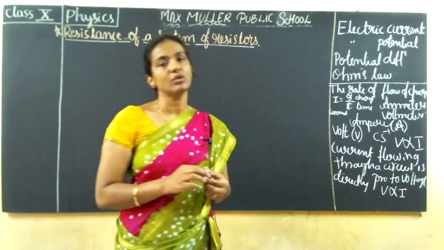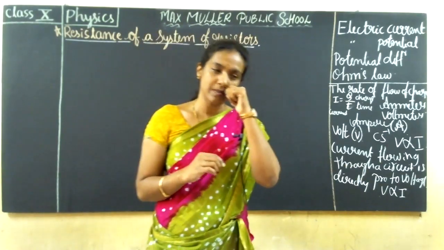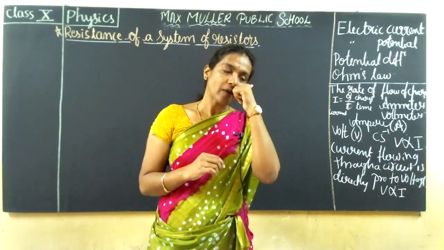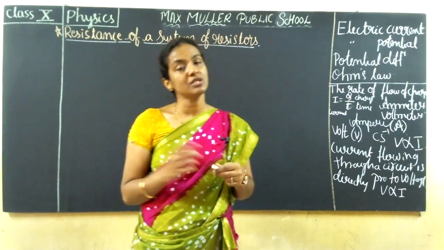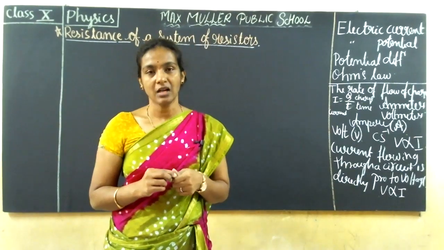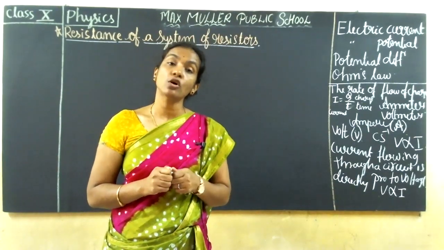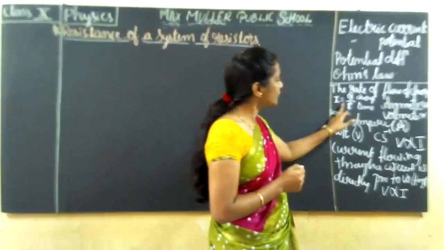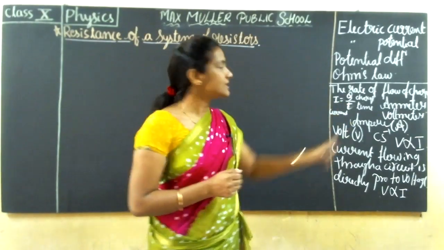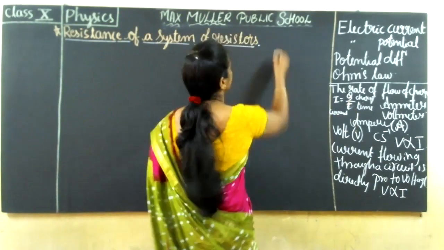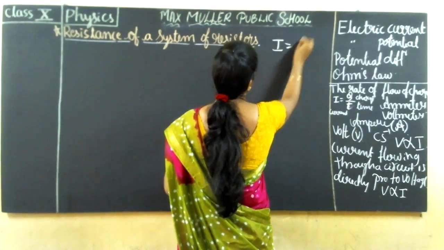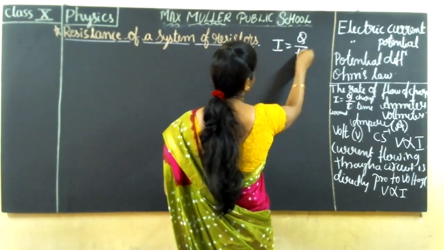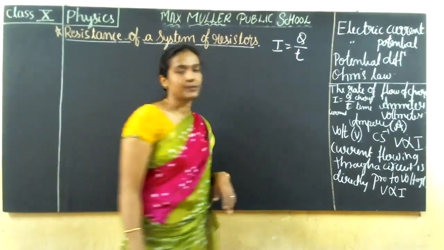In numerical problems, they might ask you to find the potential difference or current by using Ohm's law. Why will they mention Ohm's law? Because we have one more formula to find the current, that is I is equal to Q by T, when the charge and time are given.